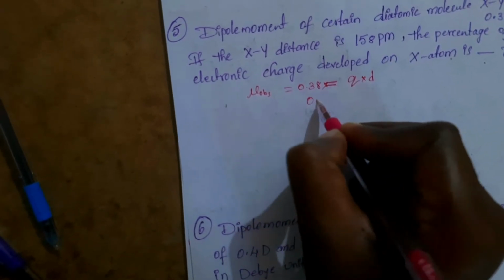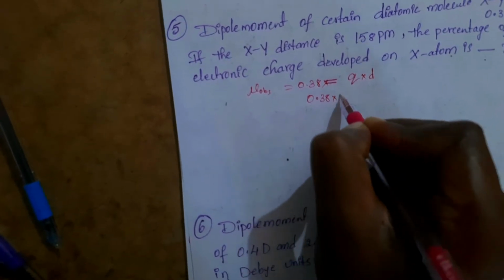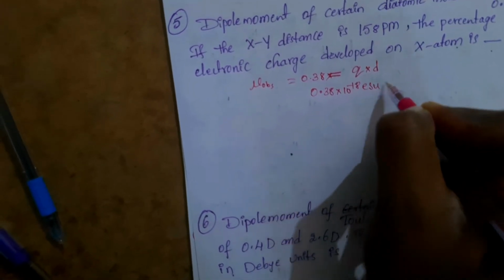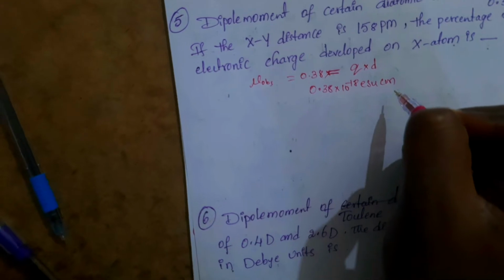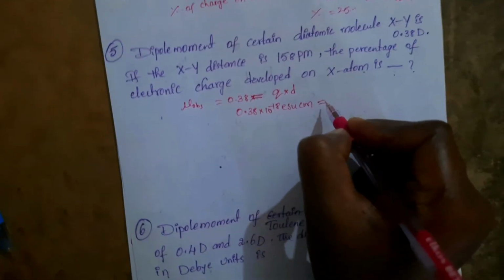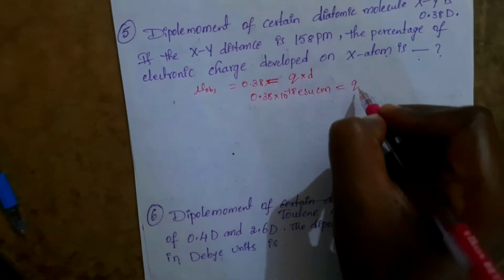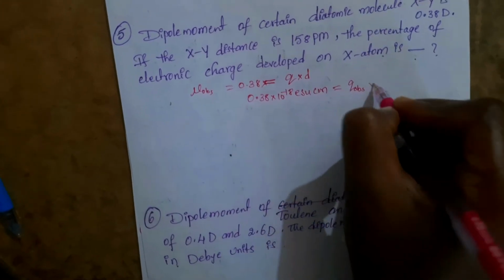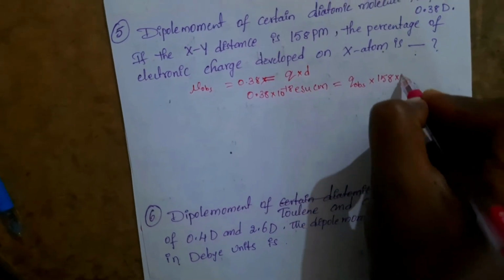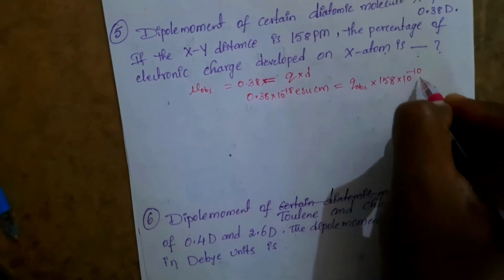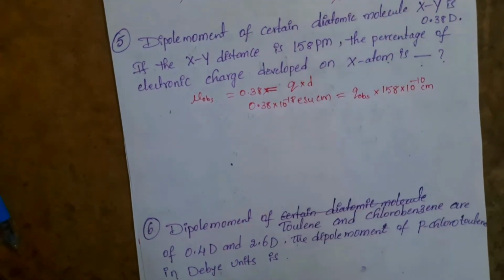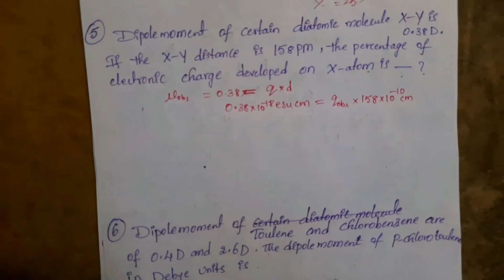Dipole moment is given as 0.38 into 10 power minus 18 ESU centimeter. You convert ESU centimeter. Observed charge into distance is how much? Distance is 158 picometer. 1 picometer is equal to 10 power minus 12 meters, so 10 power minus 10 centimeter it will be.